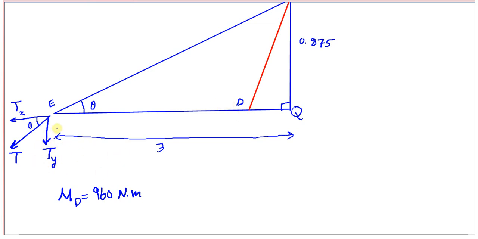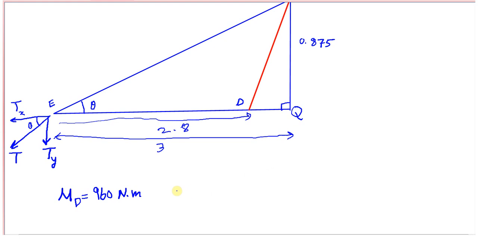Ty here is at a distance of 2.8 meters from D, and it's perpendicular to line ED. If we think about the definition of moment, it's force times the distance from the force applied to the point we're calculating. So it's distance ED times Ty.